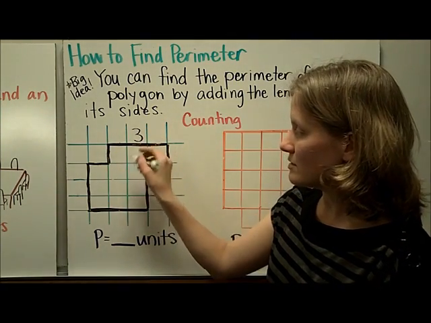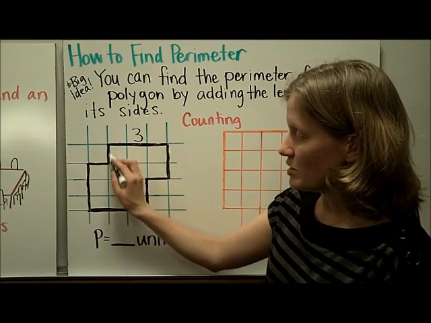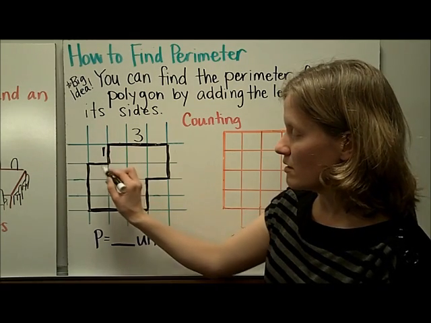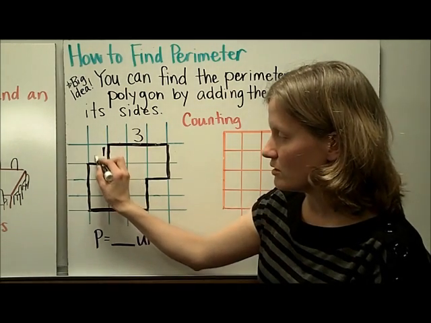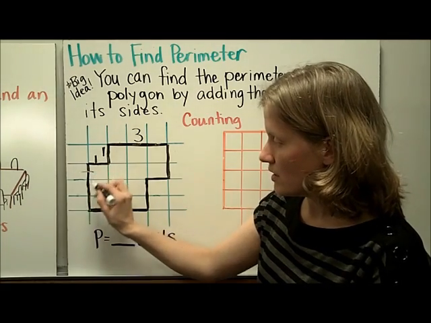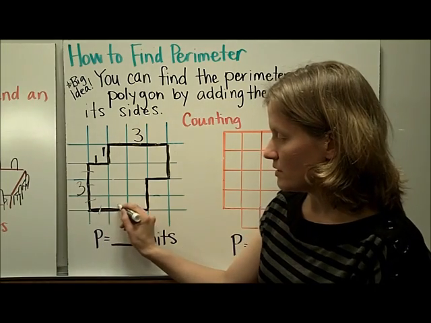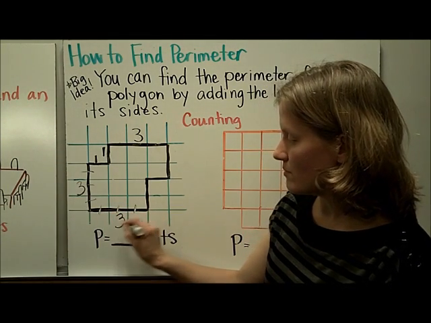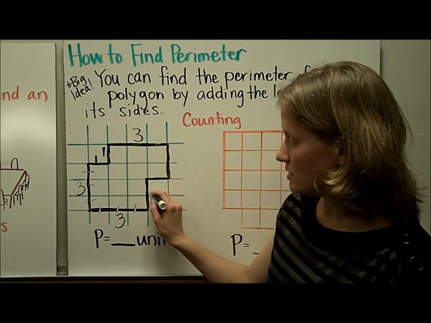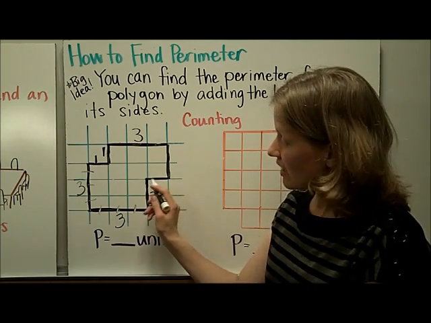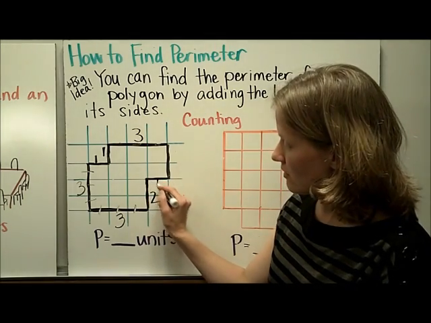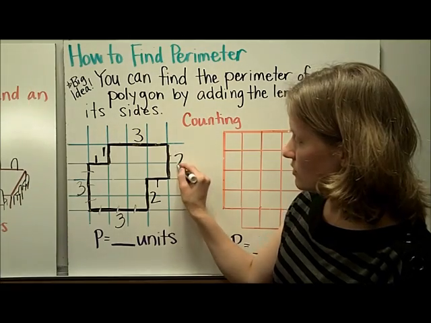So this side right here is 3. There's a short piece right here that's 1 unit long, another short piece that's 1 unit long, 1, 2, 3 units on the side here, 1, 2, 3 units on the bottom, 1, 2 units on the side. Keep going around, 1 unit here, 1 and 2 units right there.